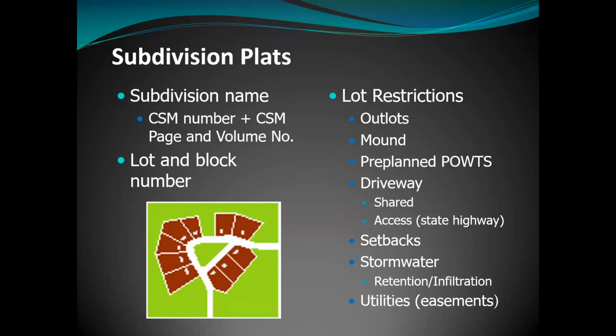But just be aware if you start getting into stuff like that, subdivisions or pre-planned or condo units and stuff like that, that it gets a little bit difficult. Also in the southeast, we start to run into things like stormwater retention or infiltration areas or easements, whether it's utility or a stormwater corridor or an environmental corridor or something like that, where you can't put a system because there's an easement or a restriction there.